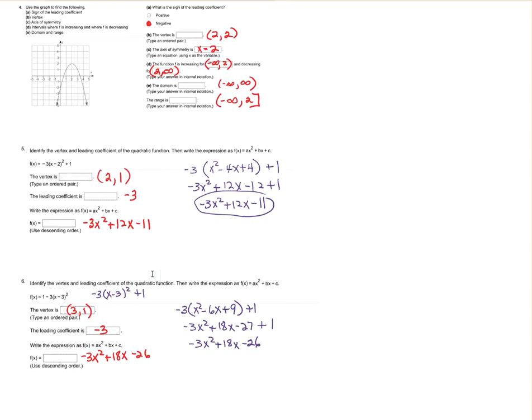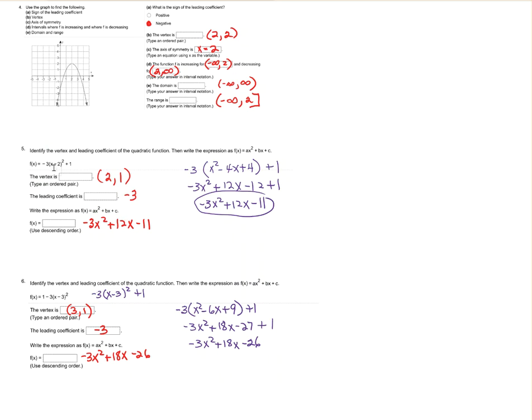All right, number 5, identify the vertex and the leading coefficient. We can find the vertex very easily, so that's 2, 1. The leading coefficient is negative 3. Now it says write that as ax squared plus bx plus c.